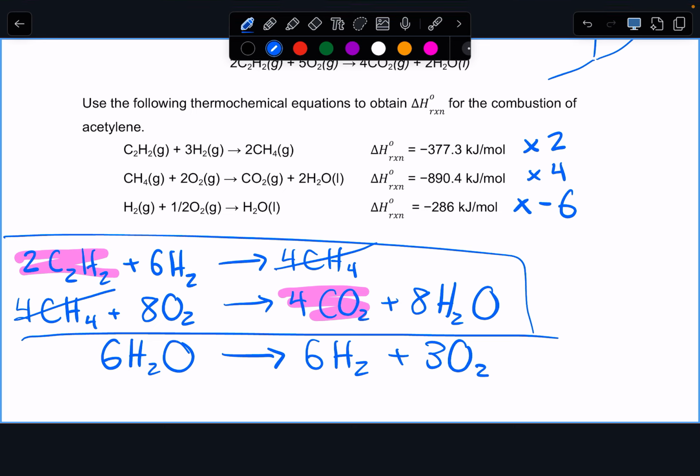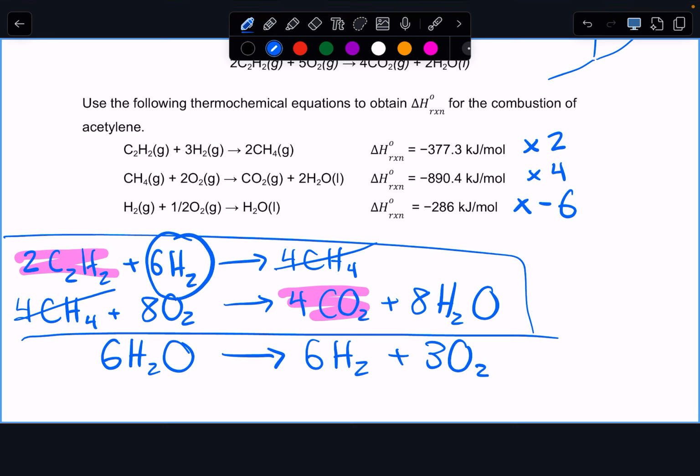Like, I've got 8 oxygens here, but I only want 5. I've got 8 waters here, but I only want 2. So I use the water as my guide just because it seemed easier for some reason. And I said, okay, if I want 2 of them, but I've got 8 over here, that means I need 6 on the opposite side. So how do I get those 6? I take this one and flip it around and multiply it by 6.